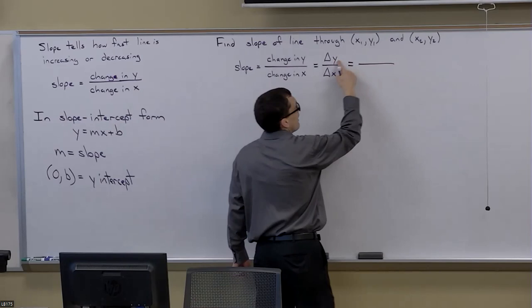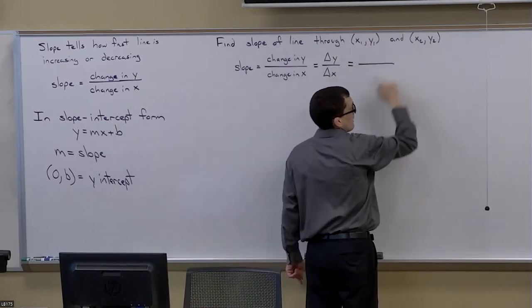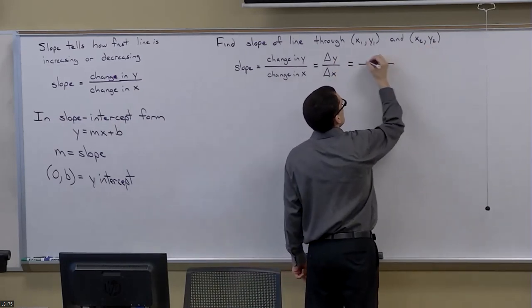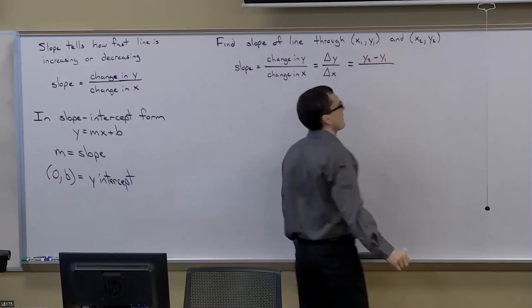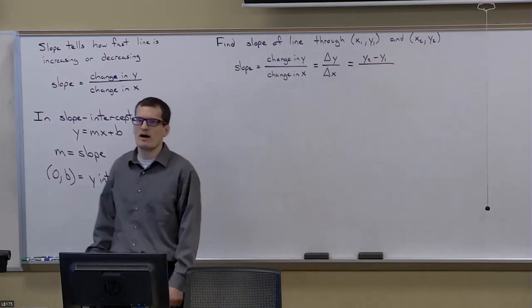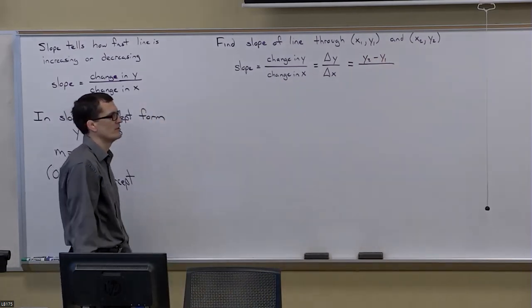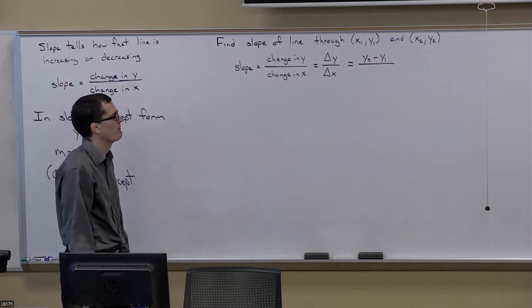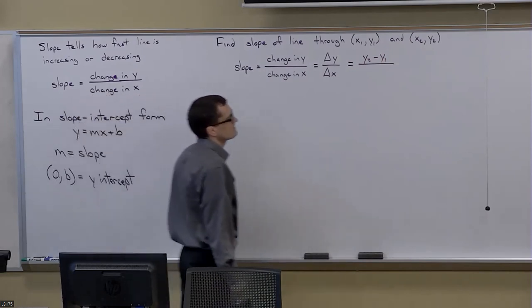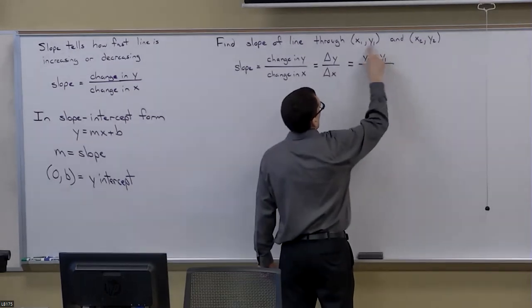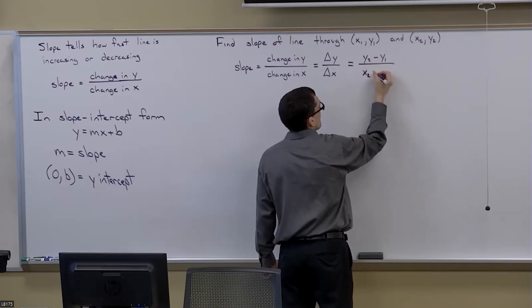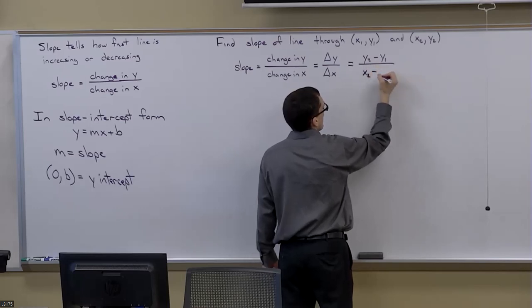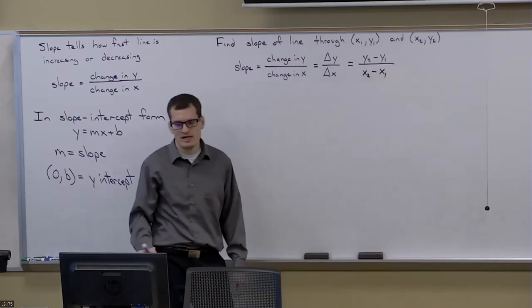Well, what's the change in y? The change just means the difference in the y values. So usually, traditionally, we start with the y2 and subtract the y1. That's the difference in the y values. The change in x is the difference in the x values. And again, if we started with point 2's y value, we'll start with point 2's x value in the denominator.